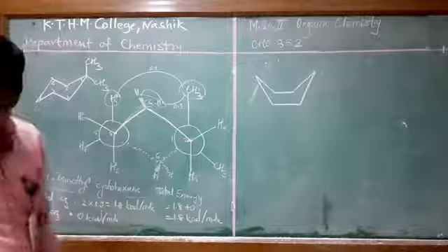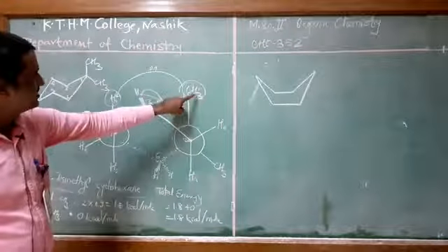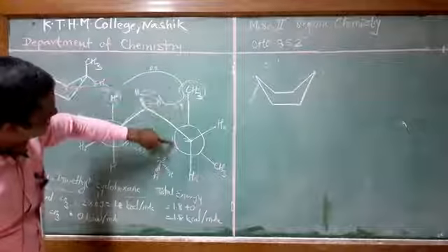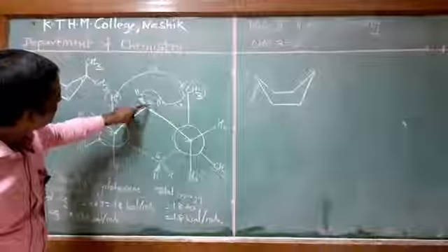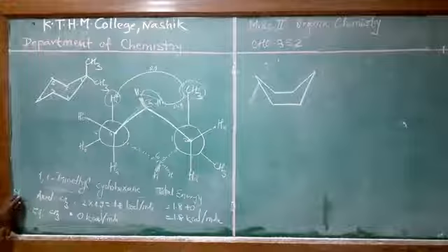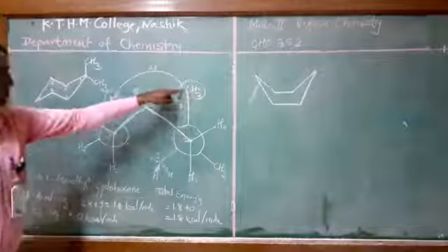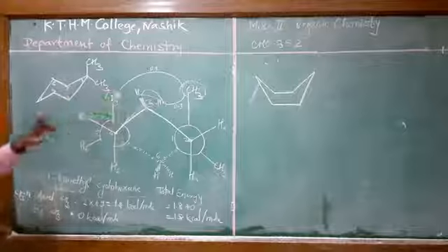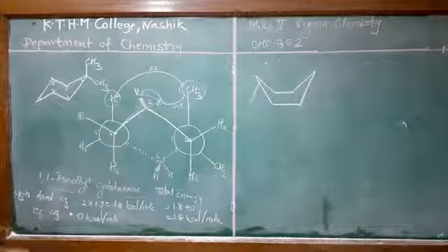So the Newman's projection is like this. In that Newman's projection, we clearly observe that this CH3 shows 1,3 diaxial interaction: carbon number 1 has this CH3, carbon number 3 has this hydrogen, CH3-H interaction, and CH3-H interaction with this carbon number 5 hydrogen, a 1,3 diaxial interaction. The net energy content is found to be 1.8 kilocalorie per mole.